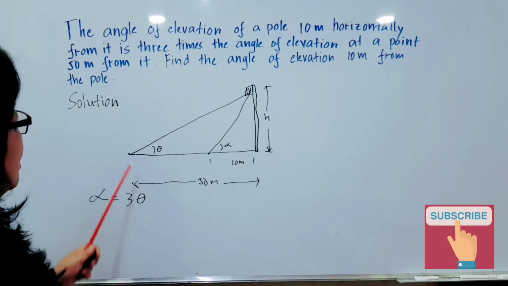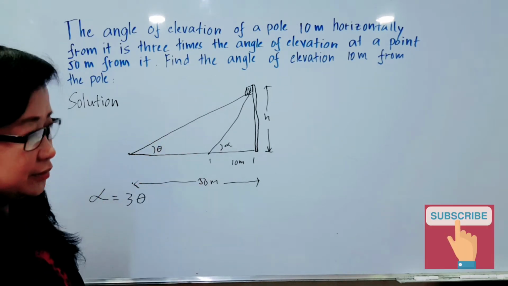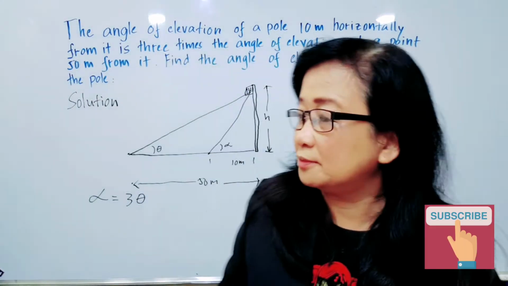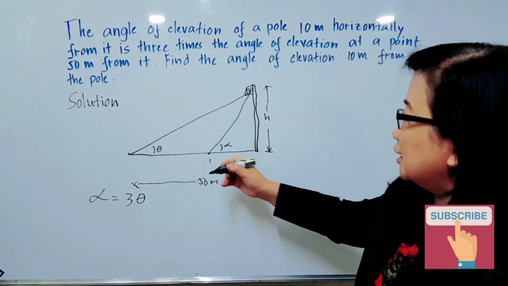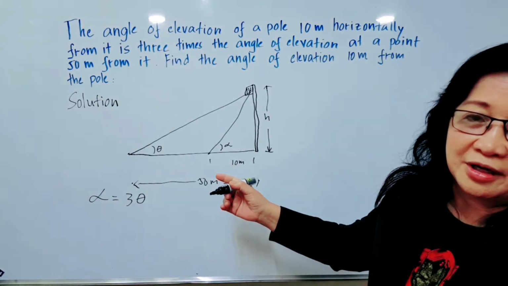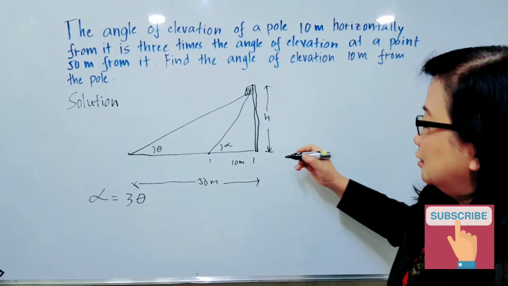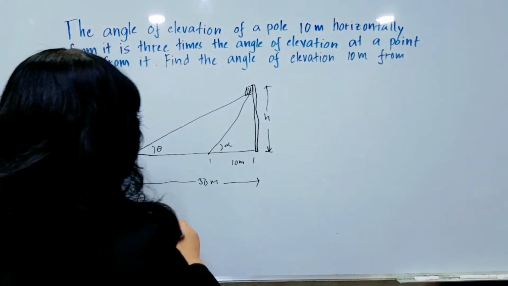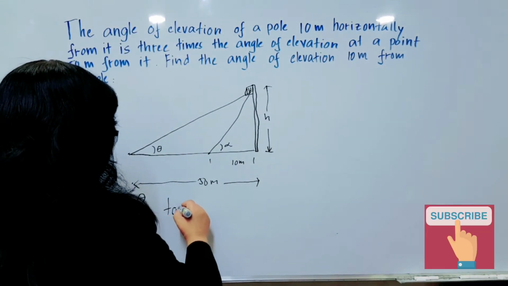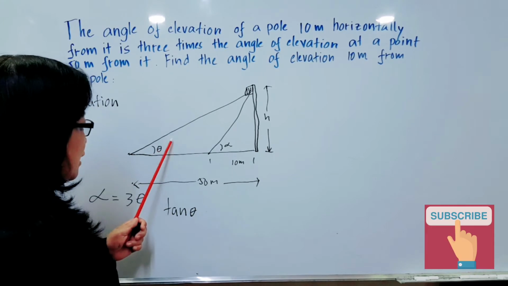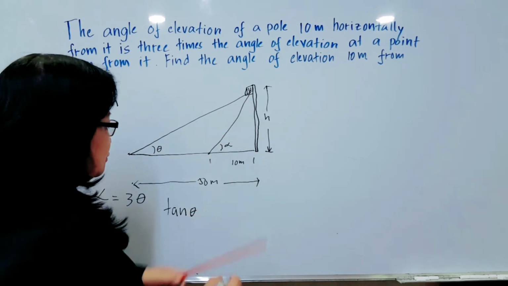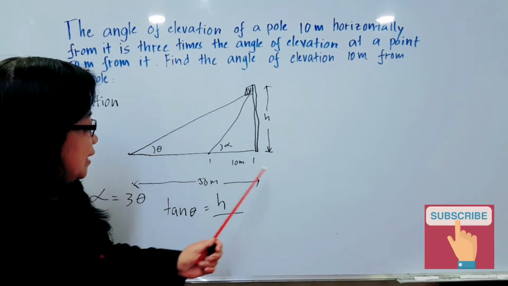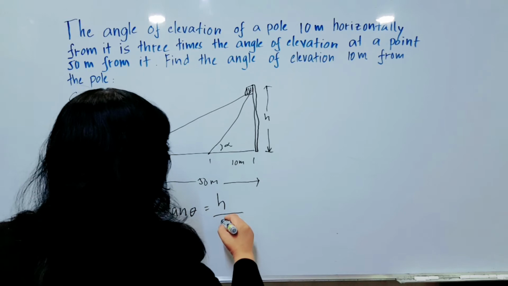Now, how to find the angle of elevation 10 meters from the pole? First, we have to use the trigonometric function, the tangent function. For example, tangent theta, the angle, is equal to the opposite, which is the height, over the adjacent, which is equal to 50.